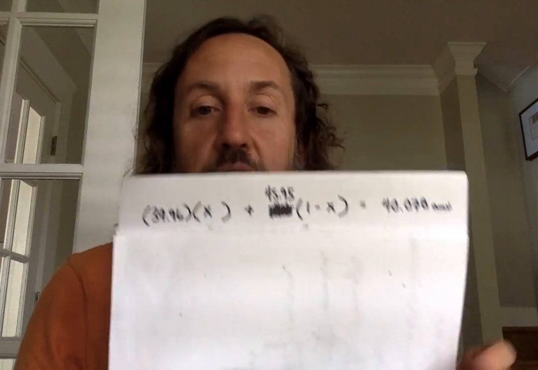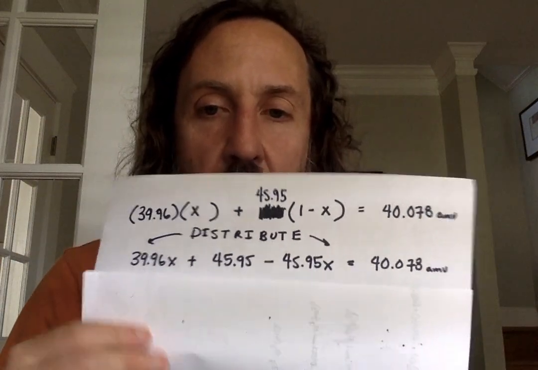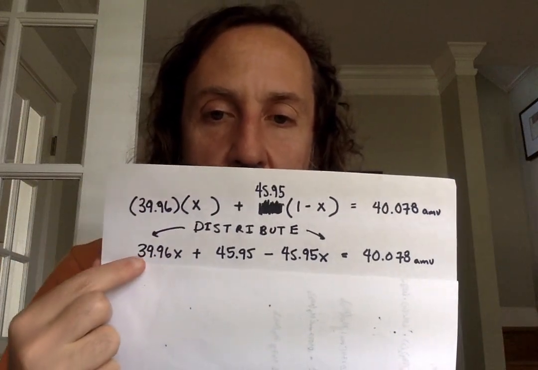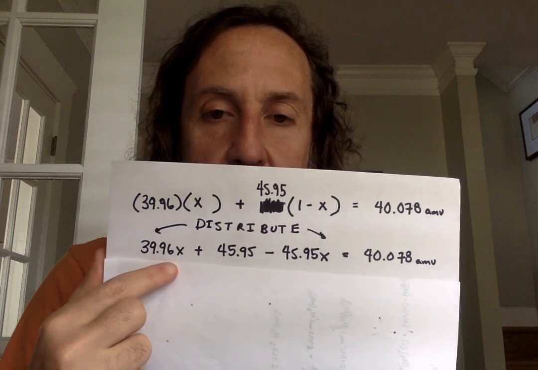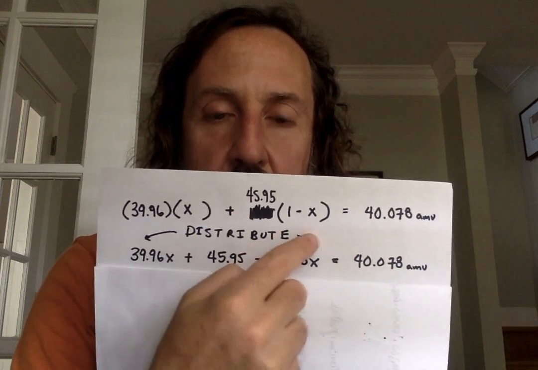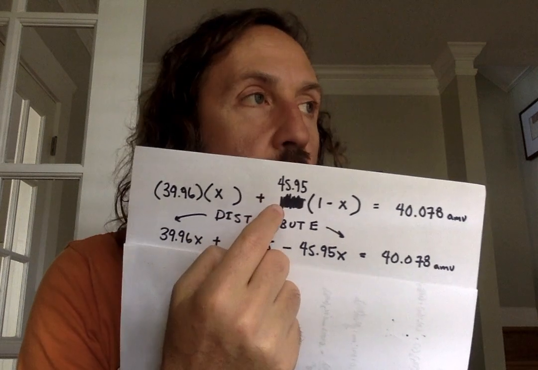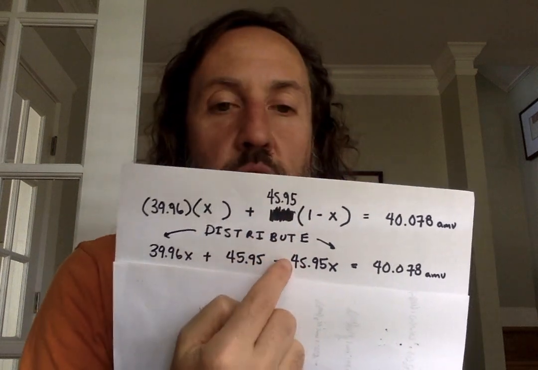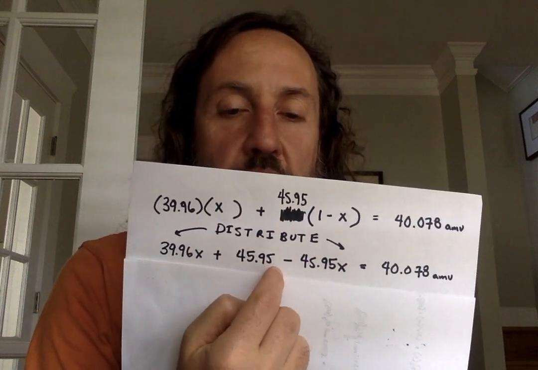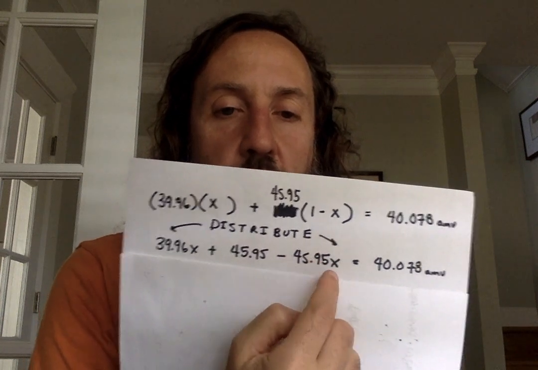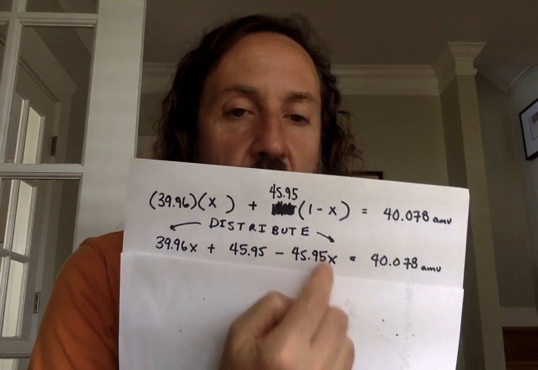So once we've done that, our next job is to show you something that you can actually see. We're going to distribute right here. So 39.96 times X, plus, and then I distributed here, 45.95 times 1 is 45.95, and then minus 45.95x.